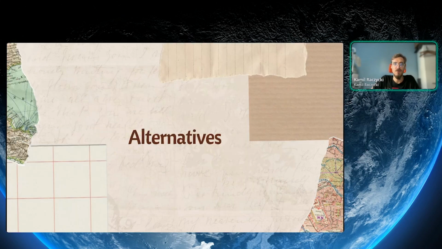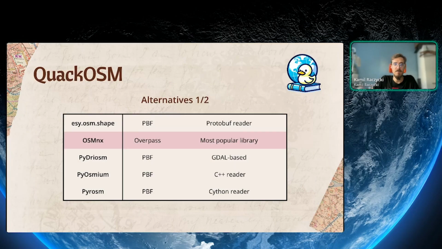Okay, so let me go quickly through alternatives. I mentioned already OSMnx and PyOsmium, but there's also PyGeosm, Pyrosm, and ASI OSM Shape. OSMnx uses Overpass, and other libraries also work on PBF directly.